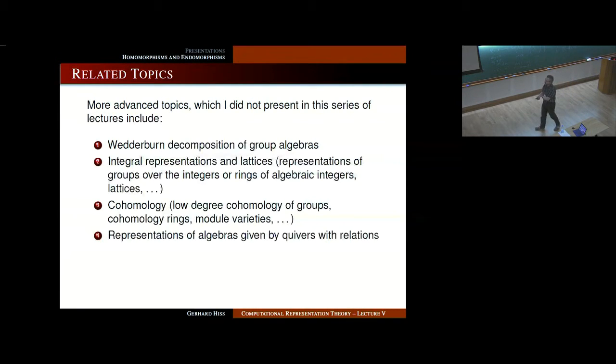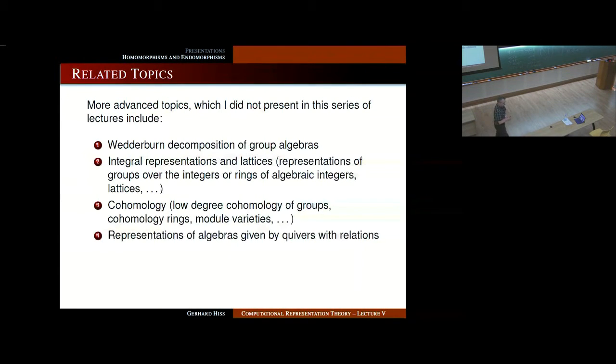Then representations of algebras given by quivers with relations. So this is a variant of finitely presented algebras and also basic algebras. So this usually defines a basic algebra, and the task is to find modules for this algebra or the regular representation if it's not too large.